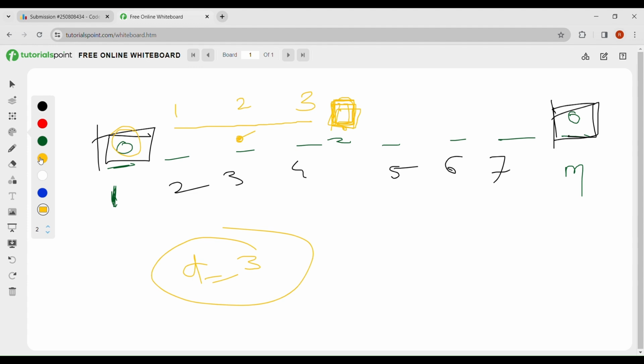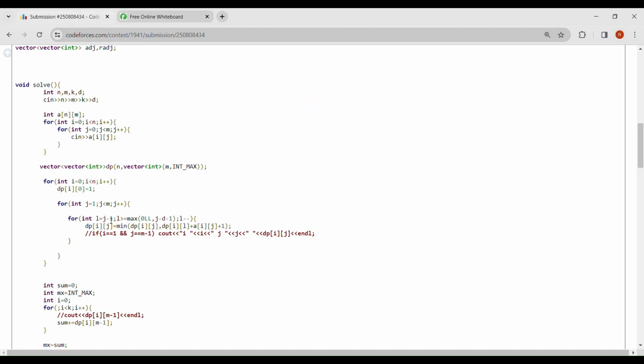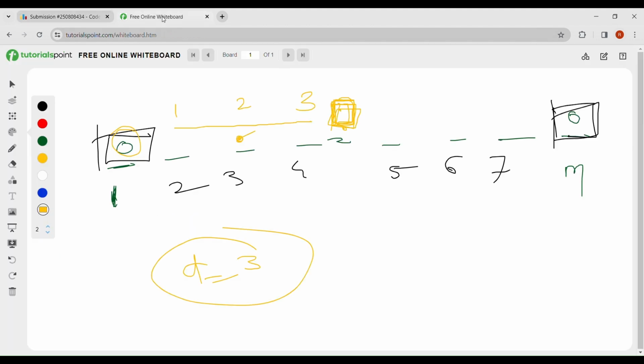So for every j I am just checking. My DP is storing; firstly I will explain 2D DP with i and j.